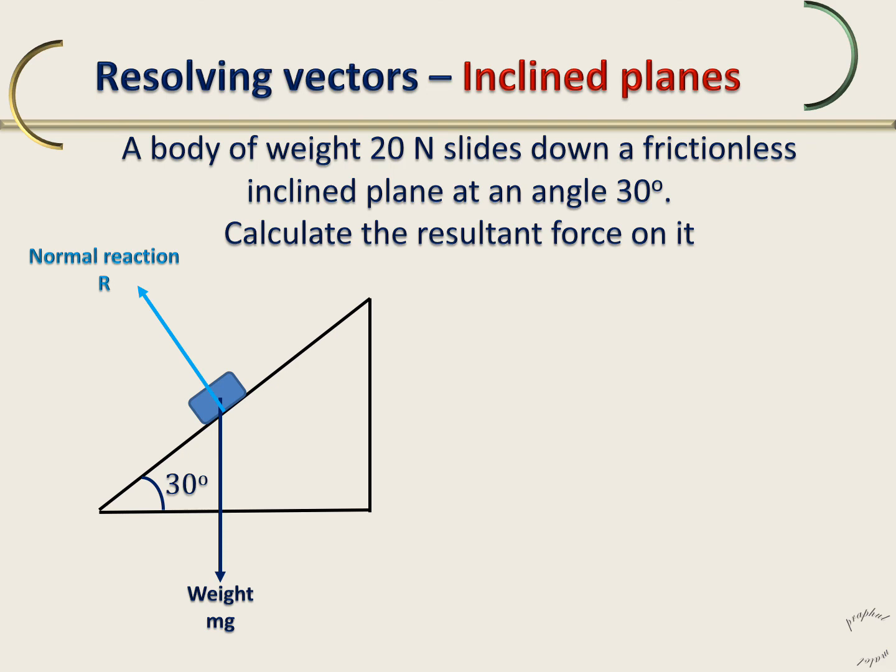Now we are going to find the resultant force. So before going to calculate, you can have an idea which direction will be the resultant force. Since it's accelerating along the plane, the resultant force also should be along the plane, which is represented by the red colored vector. So that is the direction of resultant force. Now you can see which force, R or mg, can have a component like that.